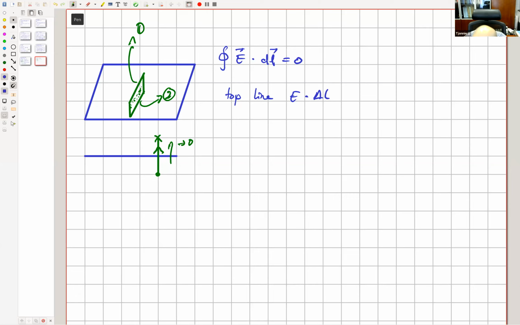Now since the integration is around a loop, we have that the top line above and the bottom line below is minus that dl, again because the dl goes in the opposite direction now. In this case, all the sides go to 0.